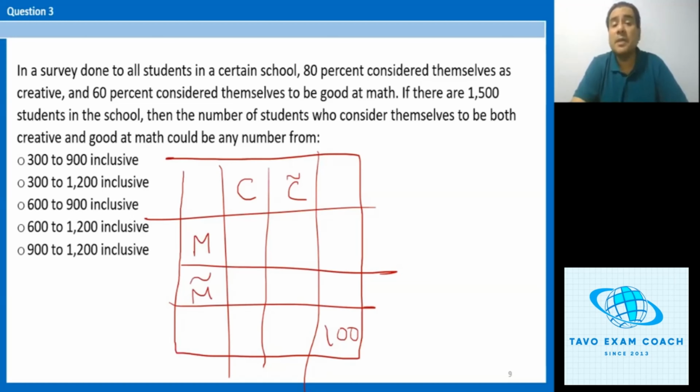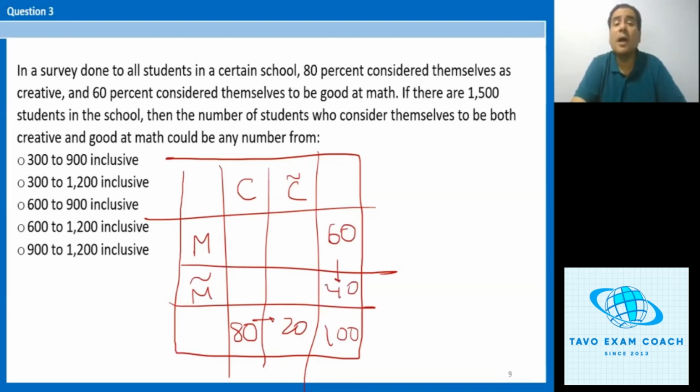It says that 80% consider themselves creative, so we write 80% here. All the people who don't consider themselves creative should be 20. And for people who consider themselves good at math, there would be 60 of them, so here should be 40%.